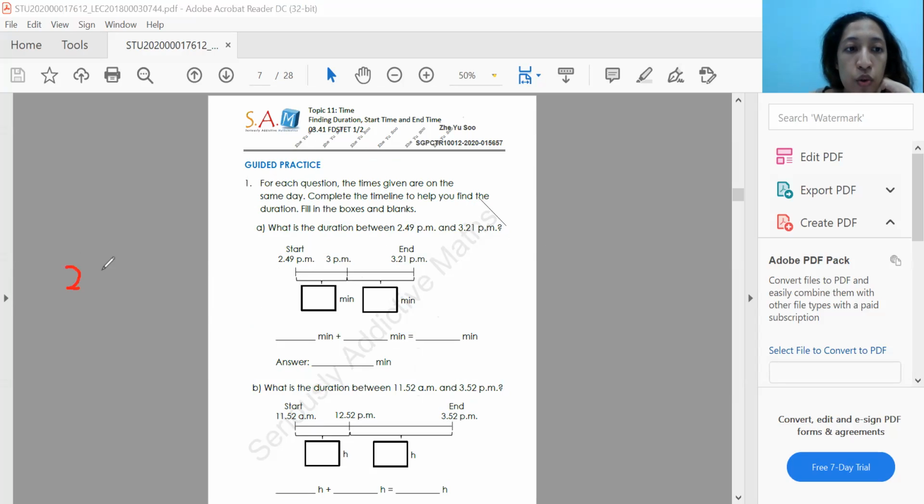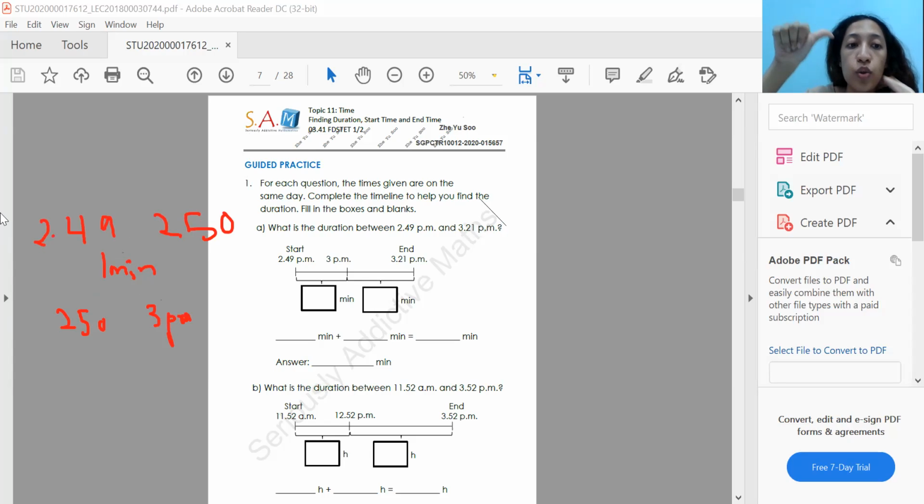How about we do 2:50? Let me just write it over here. 2:49 to 2:50 p.m. is 1 minute, correct? And then 2:50 to 3 p.m. How many minutes is that?